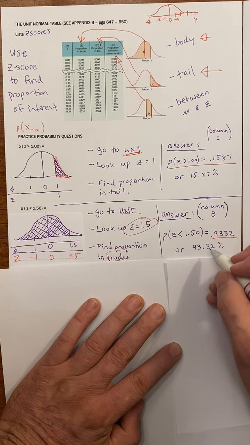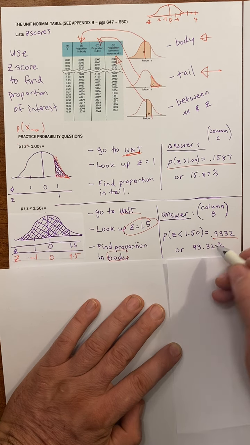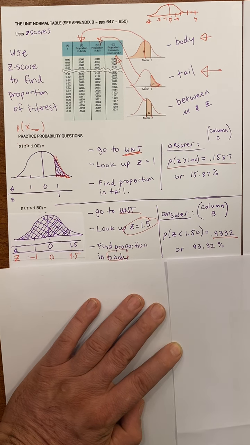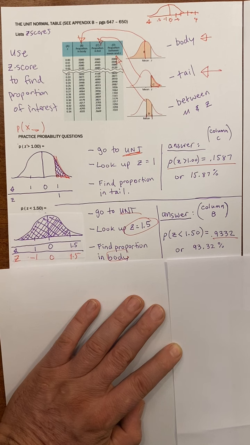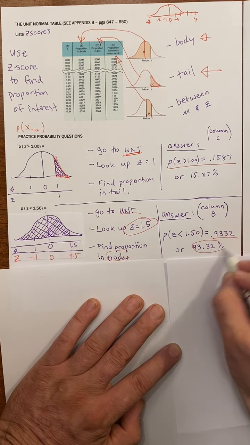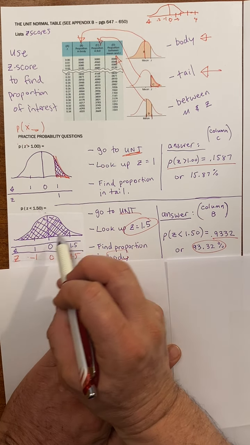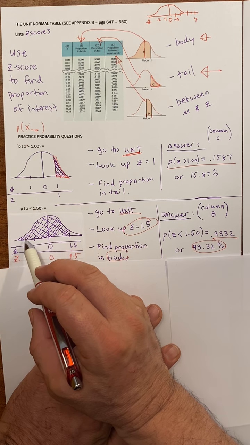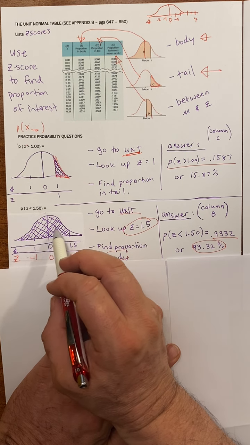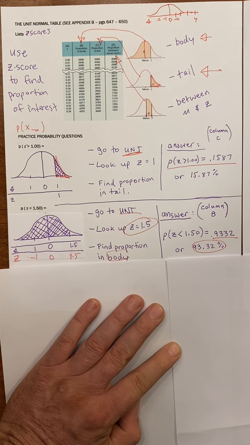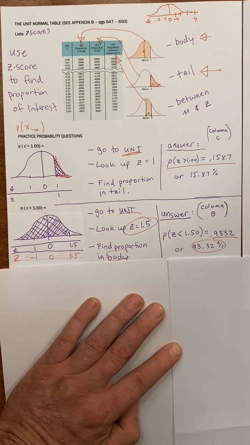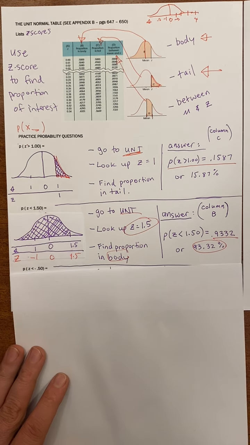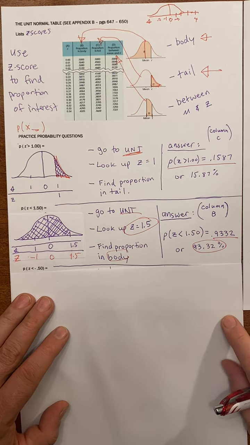Or we can say there's a 93.32% chance that you're going to pull out a z that's smaller than 1.5. Right? And you just want to notice how that maps on to what we're talking about over here. It looks like we have about 93% of the curve that could be potentially where we're going to get our x value from.